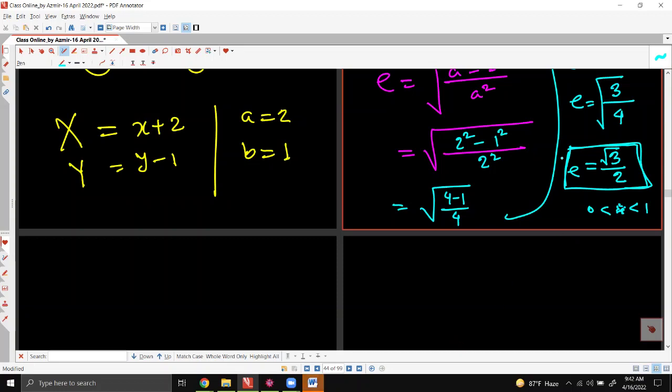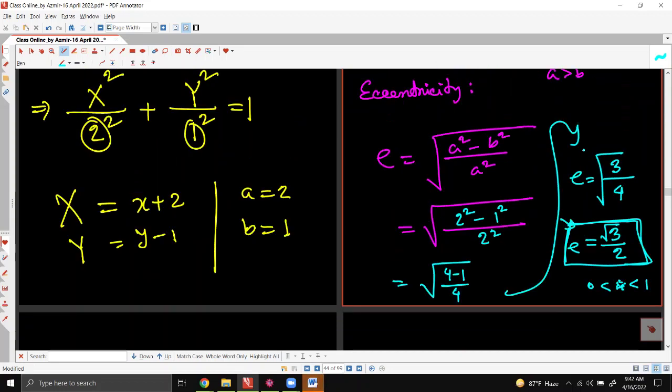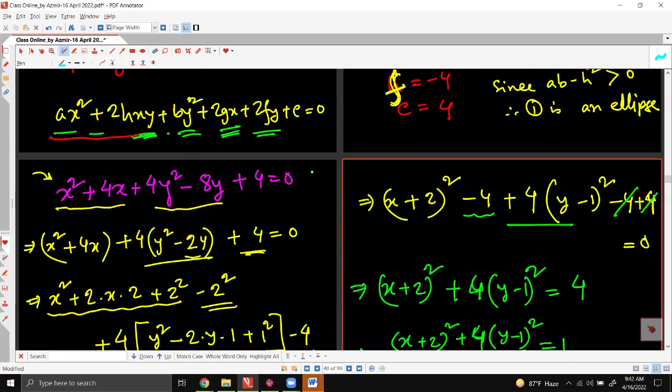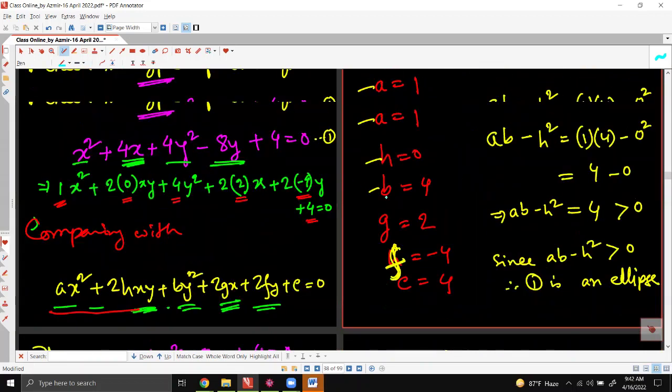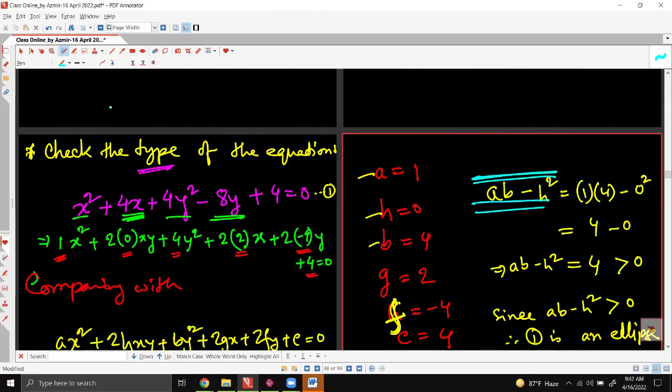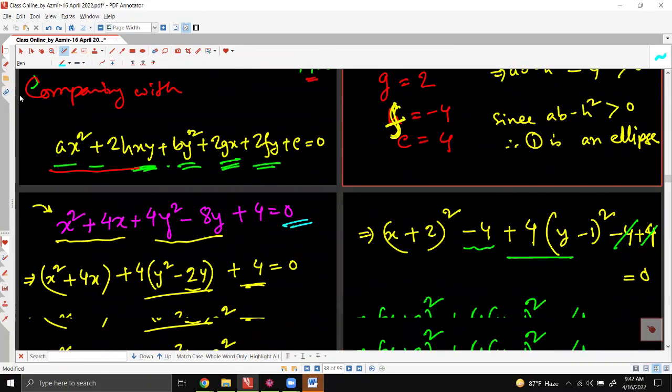So based on this value, we can understand that the given equation is an ellipse. But we have already understood the type from this formula: AB minus AC squared equals 4, that is greater than 0. So that means this is also an ellipse.